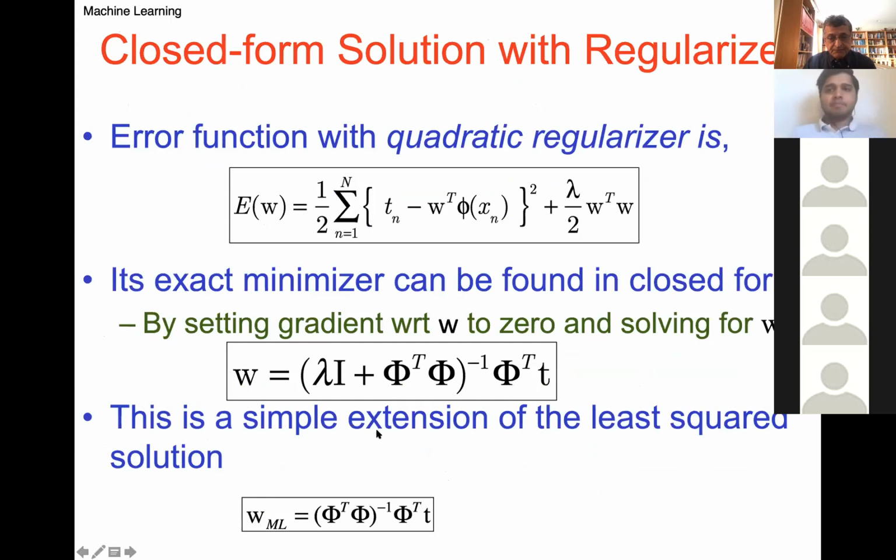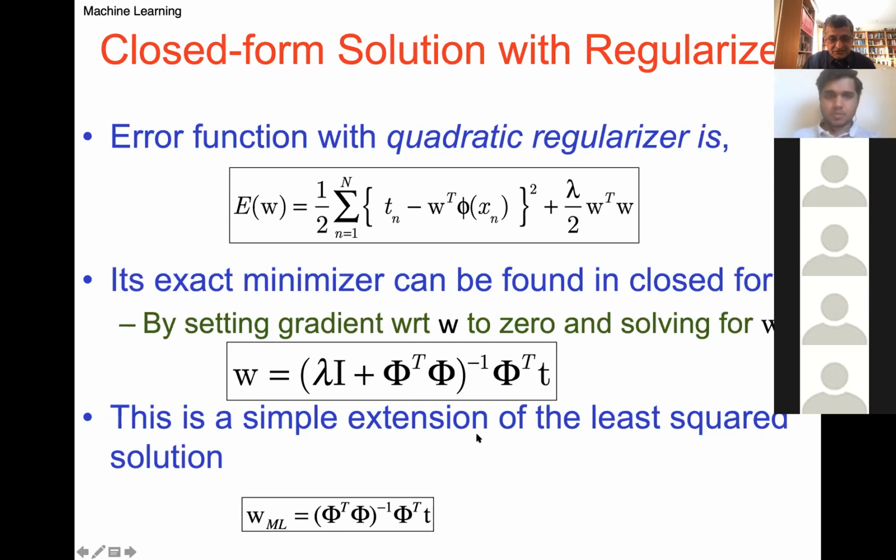And that expression for W has this form, the equation in the middle of the slide: W equal to (lambda I plus phi transpose phi) inverse phi transpose t. If you're going to be using a weight decay regularizer, then the closed form solution is this one.